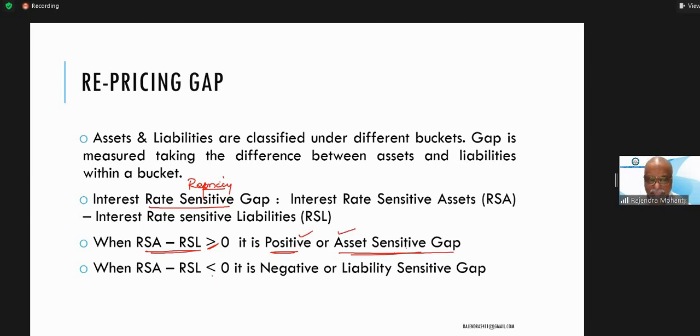When it is negative, that is called a negative gap or liability sensitive gap. Clear? These two are important as far as the MCQs are concerned. So you should know what an asset sensitive gap is and what a liability sensitive gap is. Okay.